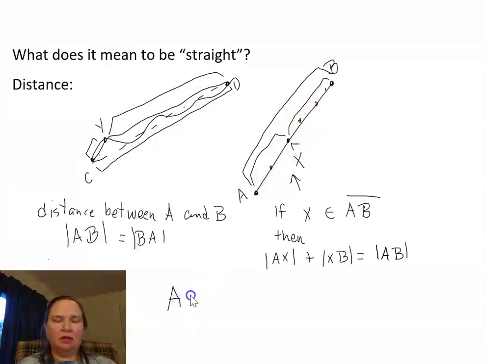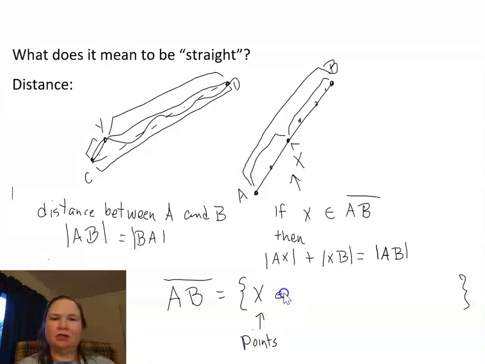So my line segment is going to be defined to be a set, and this is a set of points, and sometimes we say this is points in the plane. And we're going to use E2 for the plane because it's two-dimensional Euclidean space.